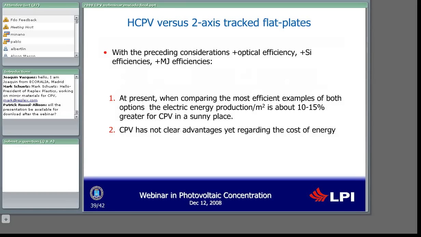This means that there is not a great advantage in energy production for CPV, even though the efficiency of the cells is higher.